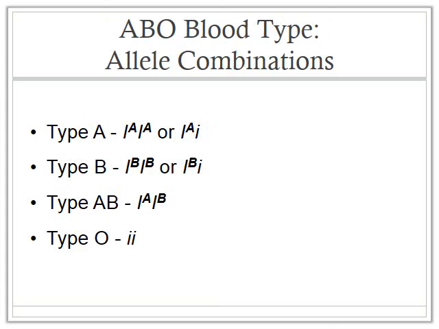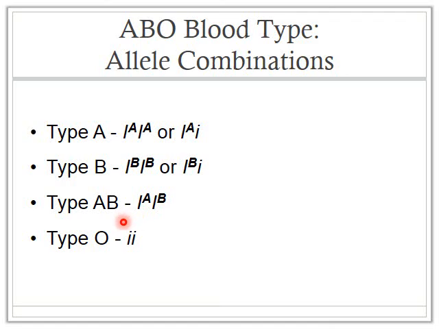So these are the 4 types of blood type that you can be. Type A. In order to be type A, you either have to be 2 A's or 1 A little i. To be type B, you have to be 2 B's or 1 B little i.